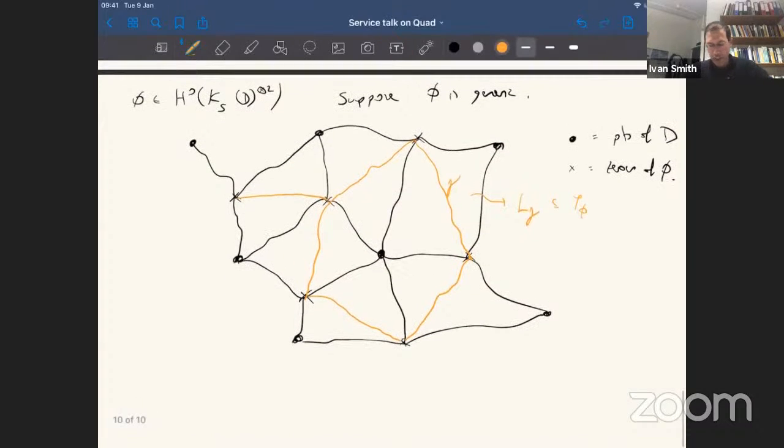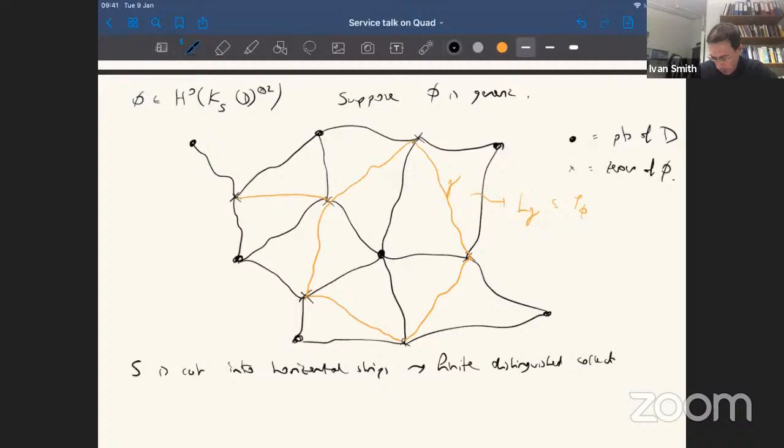So what I find is that S is cut up into horizontal strips, and I get a finite distinguished collection of Lagrangian three spheres, L gamma, one associated to each strip.